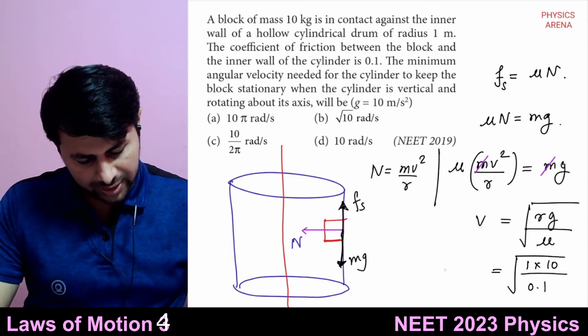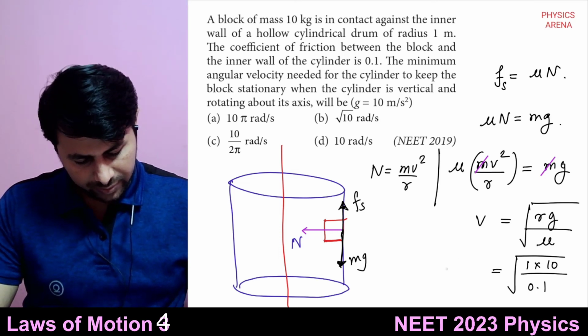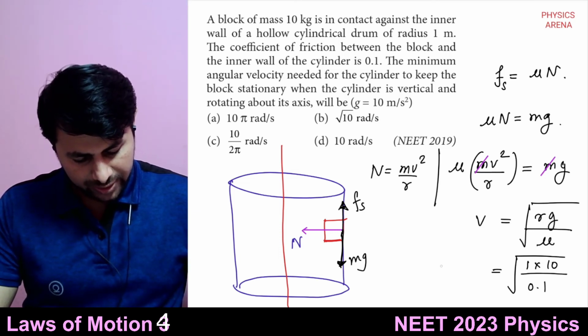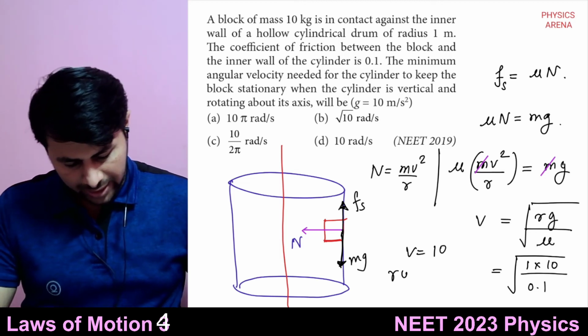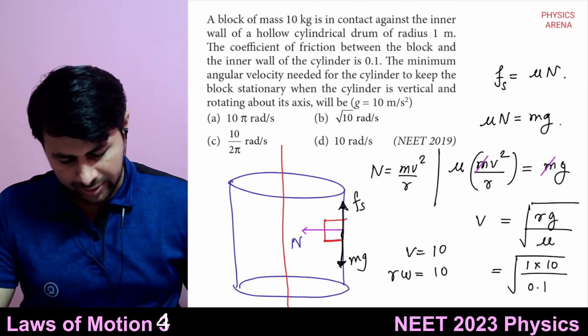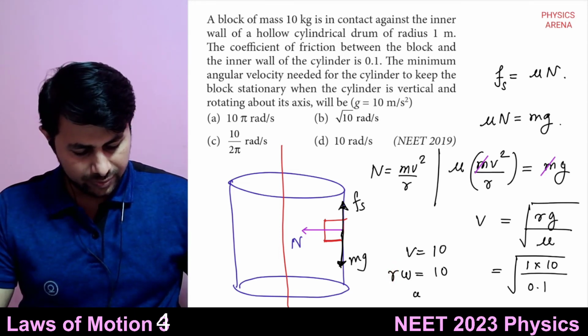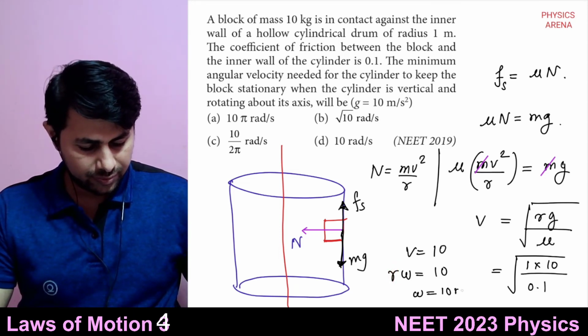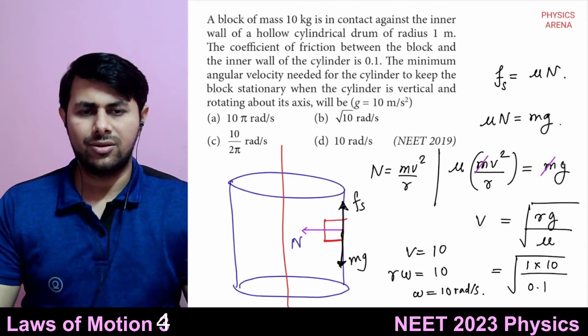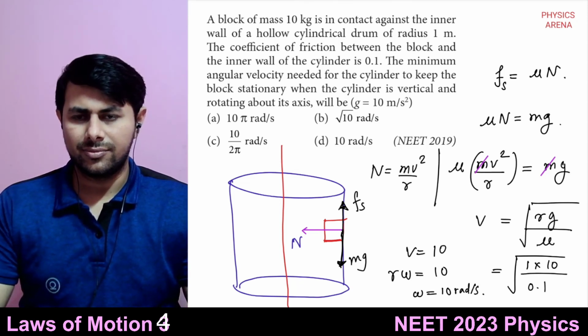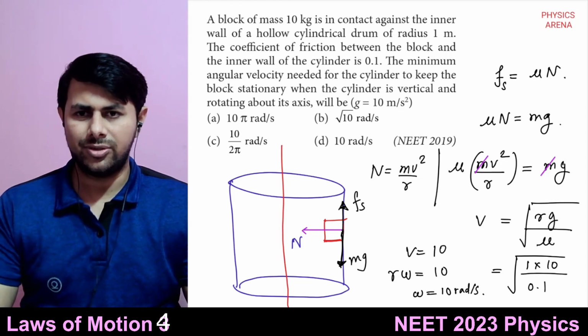How much is r? r is 1. So omega is equal to 10 radians per second. Have you understood this, everybody?